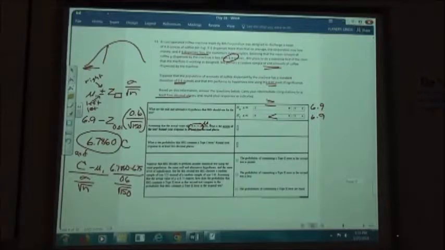There we go. Put your 7.5 in. Hit equals first, and then do the bottom of your fraction. So divided by the 0.6, divided by square root of 150.